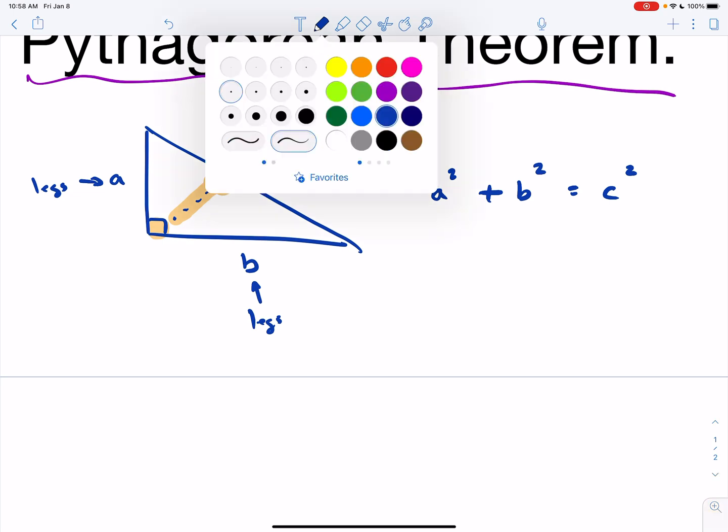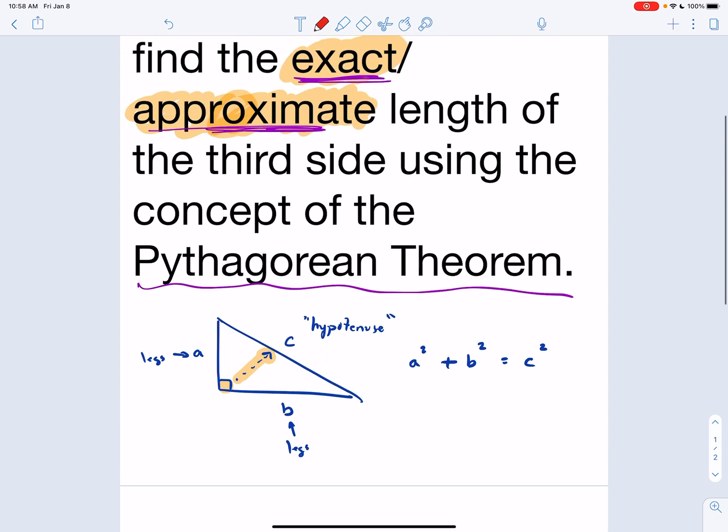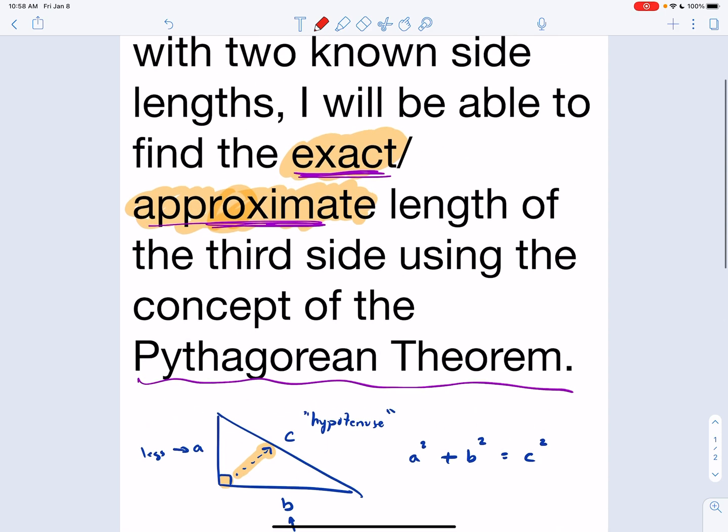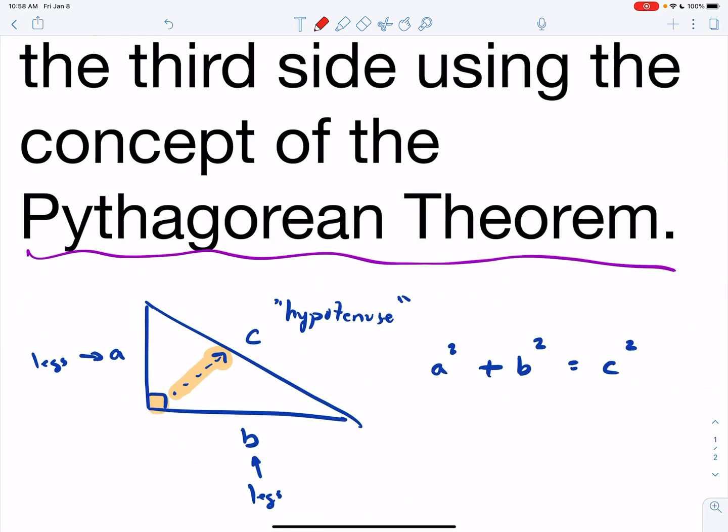Quick story here. Way back then, female mathematicians weren't acknowledged. They thought that math was really only for the dominant male culture. But Pythagoras worked with another mathematician, and she wasn't getting a lot of credit for her work.